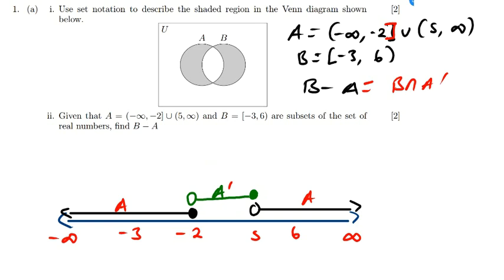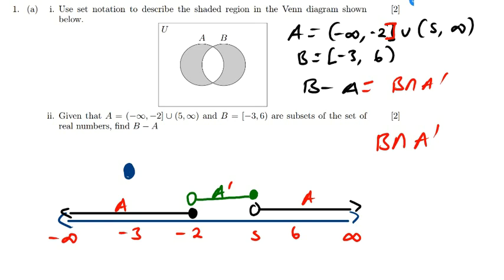Then now we have B. From our question, since we are trying to find B intersection A complement, my B is from negative 3 included, all the way to positive 6.